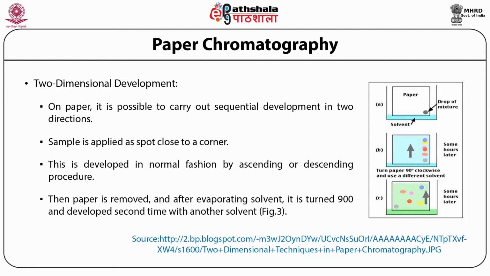Then the paper is removed, and after evaporating the solvent, it is turned 90 degrees and developed a second time with another solvent having different eluting properties. In this manner, a sample which could be only partially separated with either solvent alone may be completely separated by the combination of solvents, as shown in figure 3.